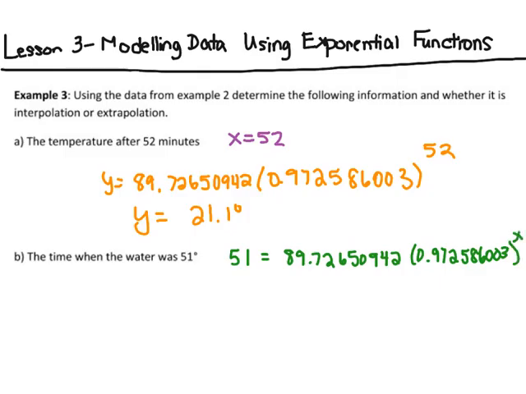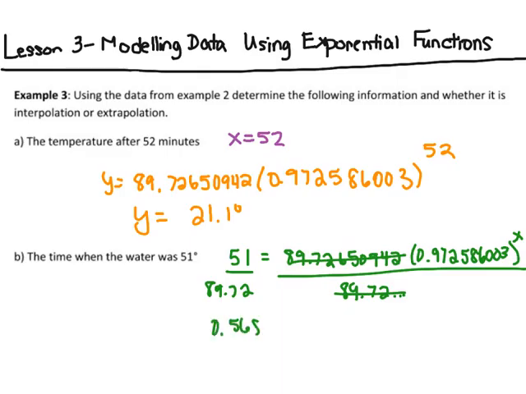So when x is an exponent, what you want to do first is isolate your base with the exponent. So we're going to divide by 89.72. So this and this will cancel. And on the left side, you should be left with 0.568393893.